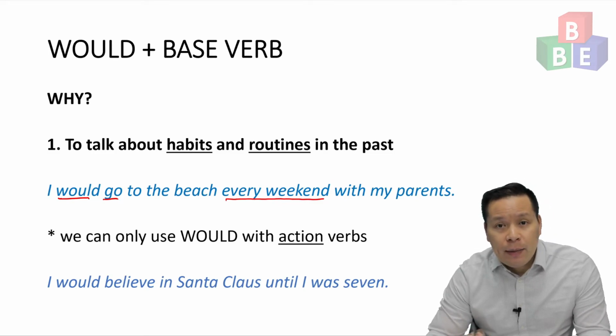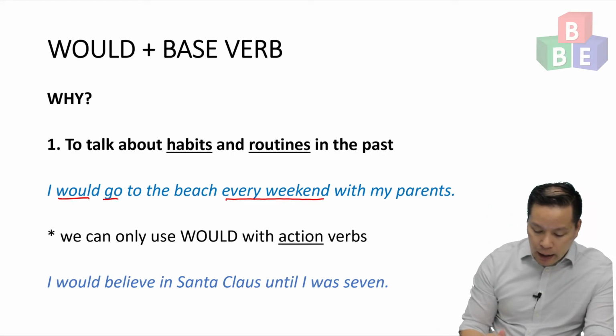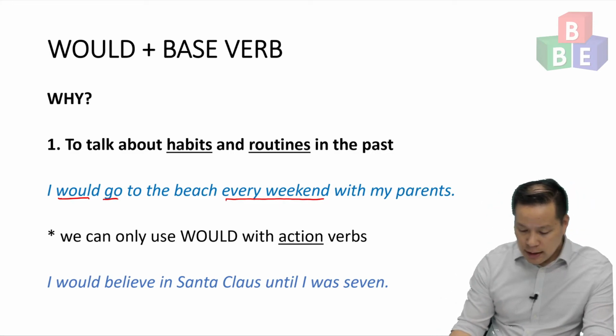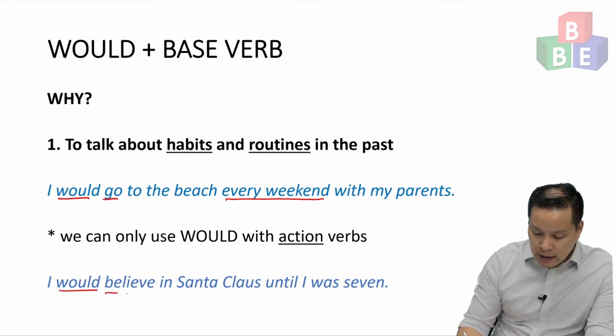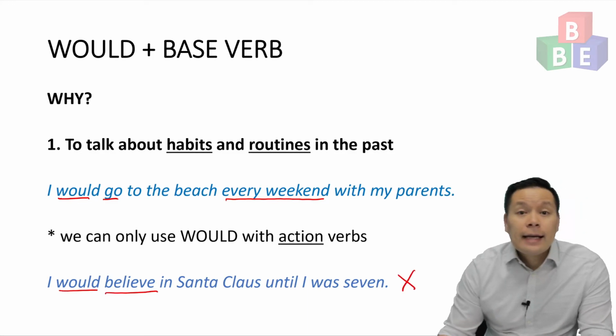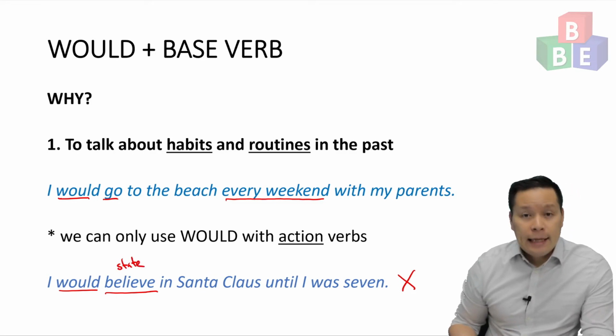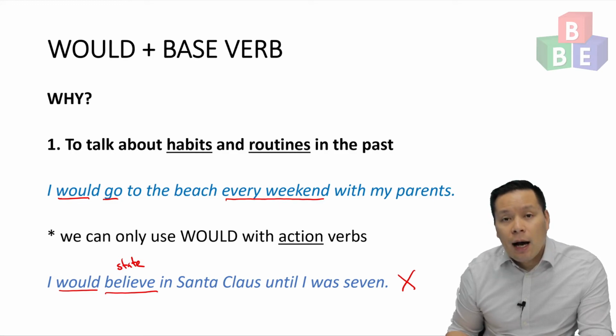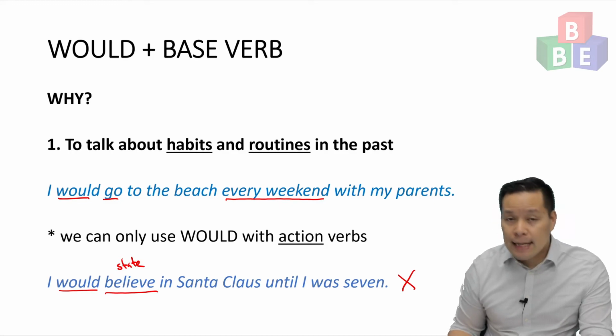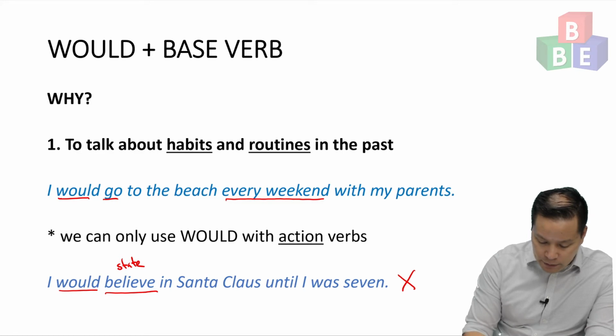So if we use the same example as before, I would believe in Santa Claus until I was 7. Unfortunately, this sentence is incorrect because believe is a state verb. In this case, you have to use I used to believe in Santa Claus until I was 7.